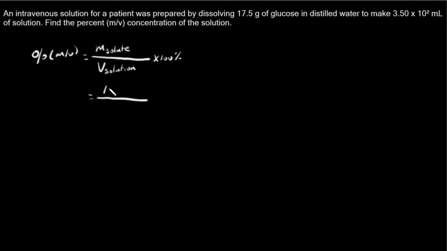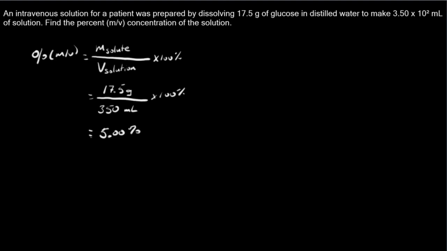So we have the mass of the solute, 17.5 grams, and the total volume of the solution, 350 milliliters. However, that is to three significant figures, so remember that when we get to the end. Multiply by 100%, and this gives us a 5.00% solution. So 17.5 grams of glucose in 350 milliliters of solution is a 5% mass volume solution.